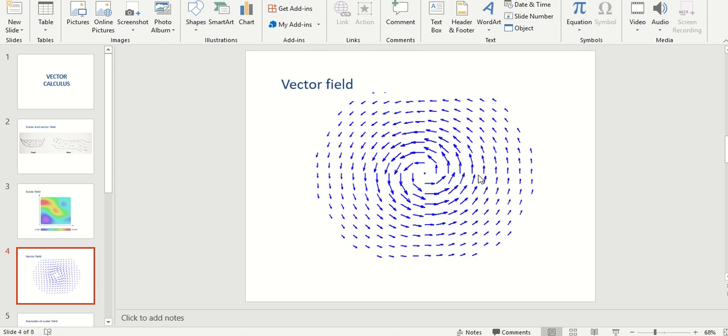Now suppose this middle point represents a fan. So if the fan is moving in this direction, the air particles are obviously moving in this direction along with this fan, so each and every air particle has some direction here.